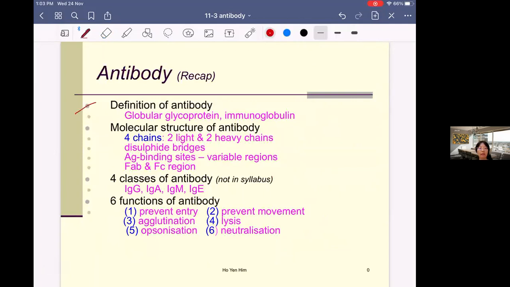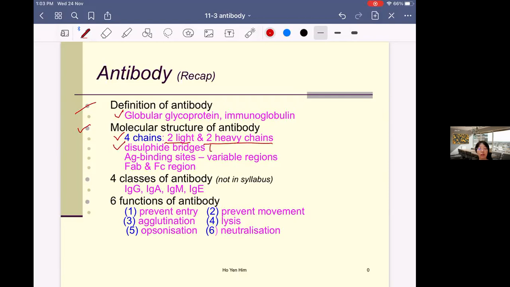We have looked at the definition of antibody, which is a globular glycoprotein and an immunoglobulin. The molecular structure of antibody is made up of 4 polypeptide chains, where 2 are light chains and 2 are heavy chains, all joined by disulfide bridges.